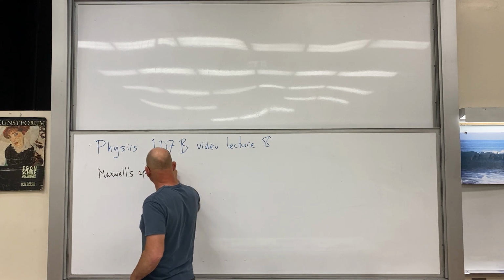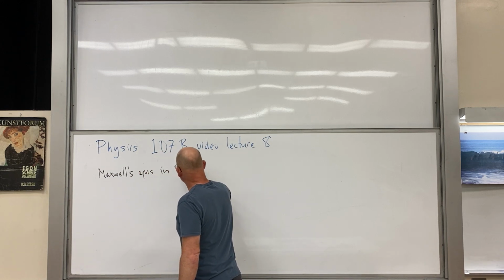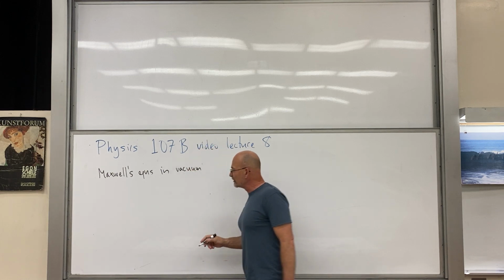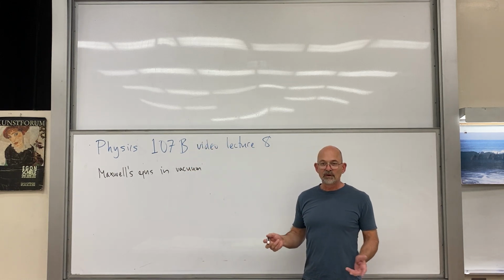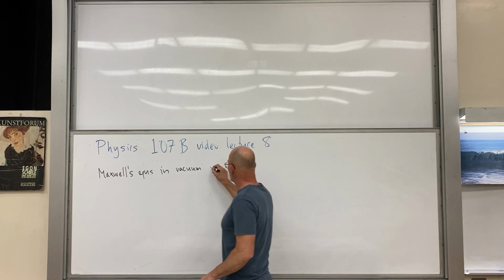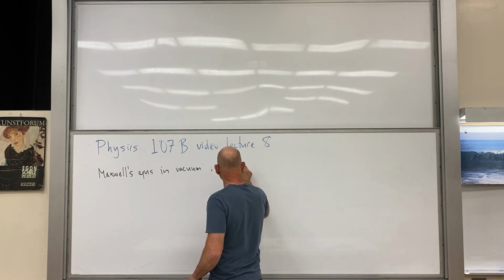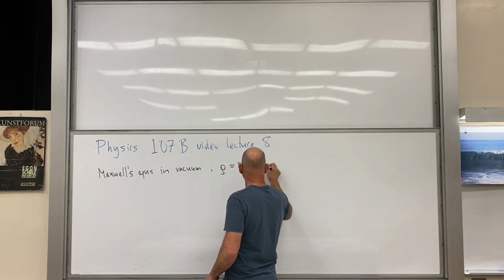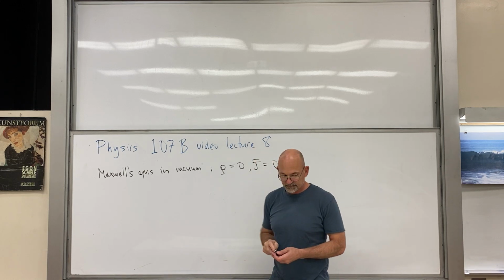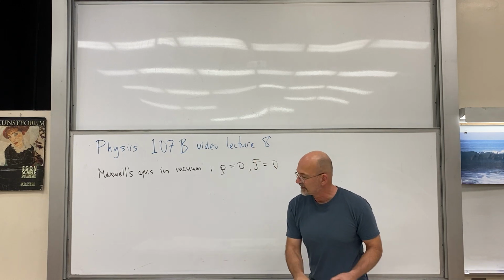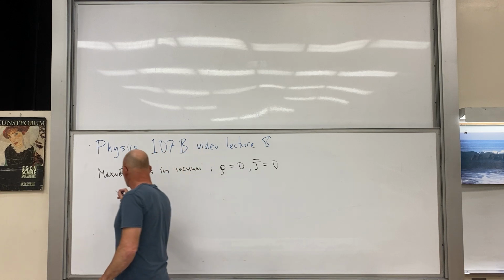Equations, plural, in vacuum. What that means is the charge density is 0 and the current density is 0. So rho vanishes, J also vanishes. Let's see what that leaves us with.